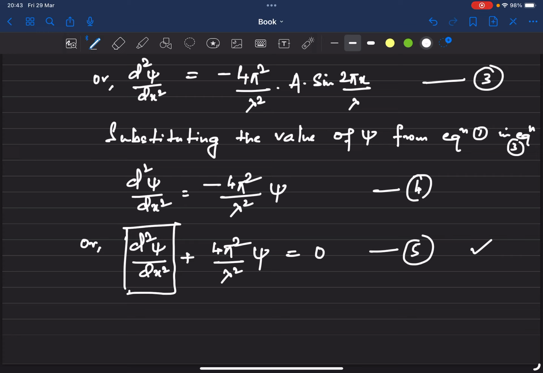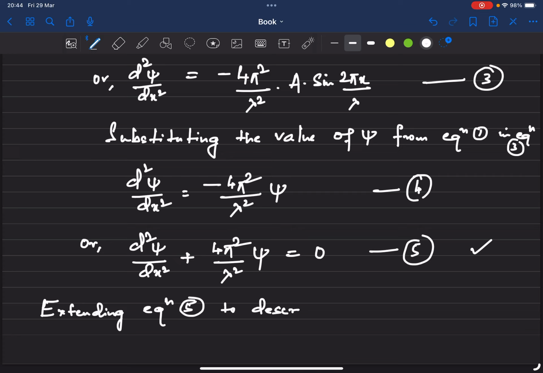So extending equation 5 to describe the wave motion.